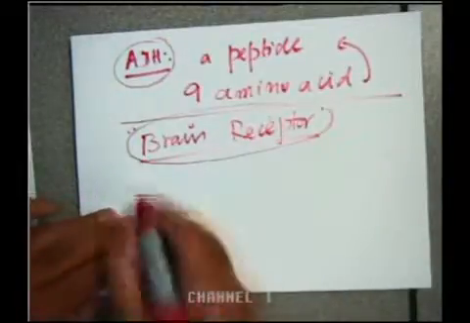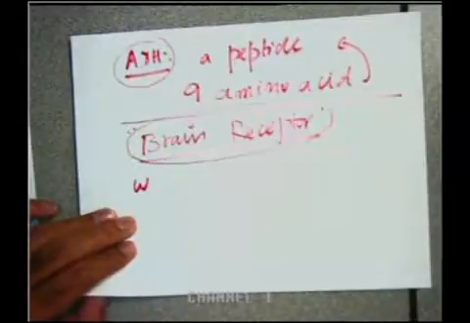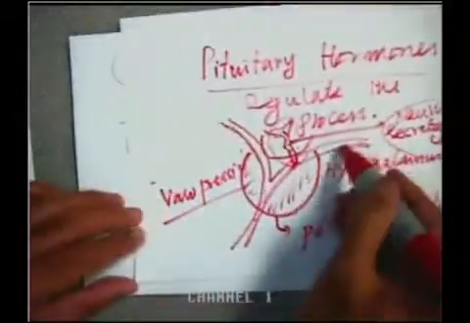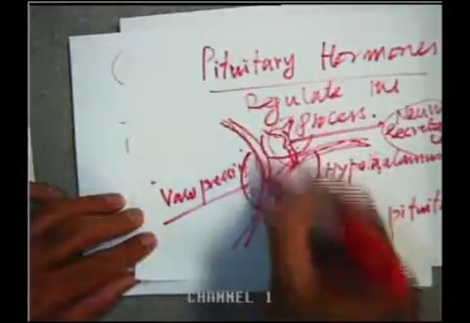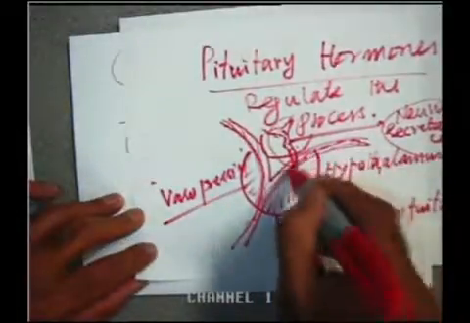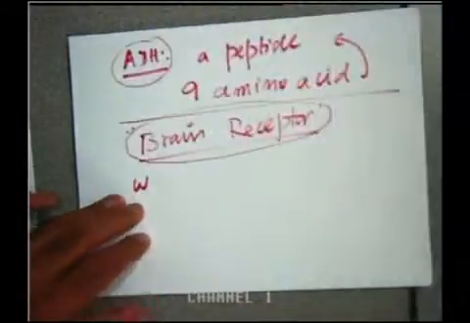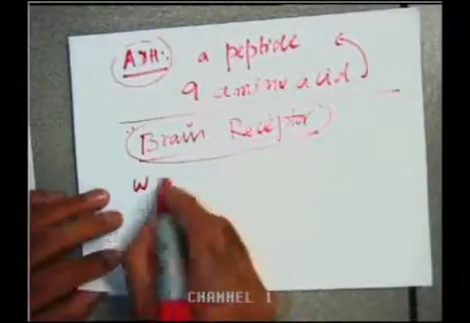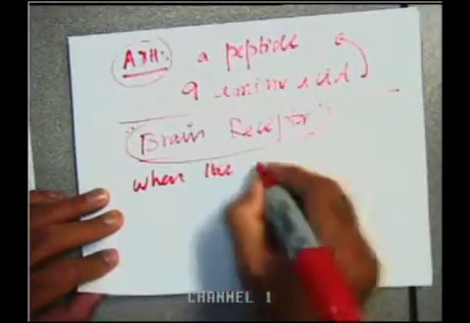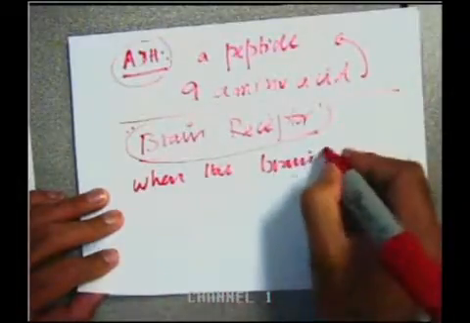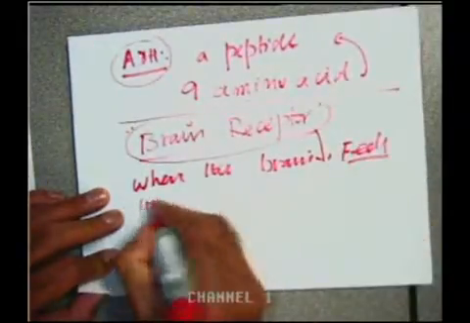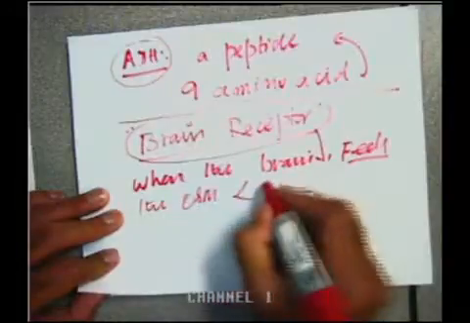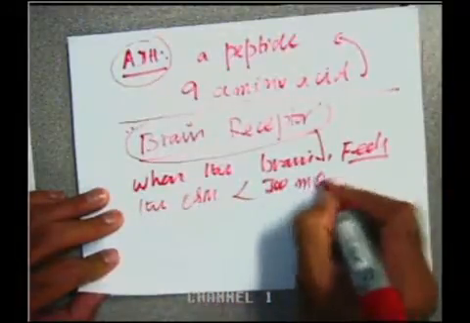So when it is getting into the circulation, suppose this is the capillary, right? The blood is flowing through, and you are drinking plenty of water. What will happen? There are some receptors over here. Those receptors sense that the osmolarity is going less than 300 milliosmolar.